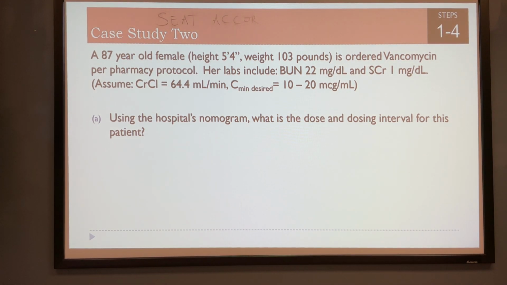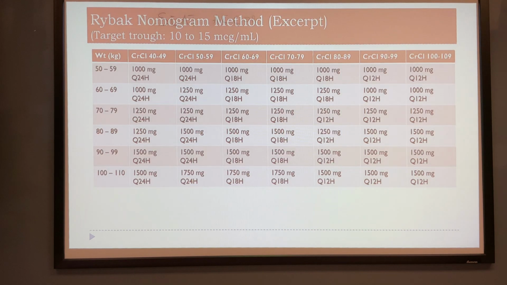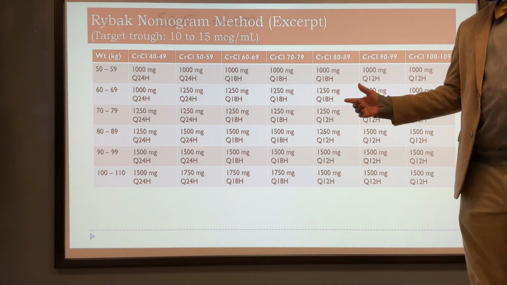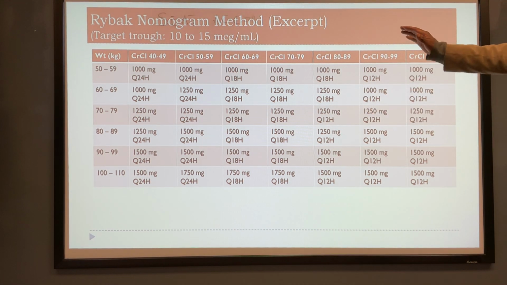So the vancomycin nomogram is the same. If we took the second case from the lab and did the same thing with it, there are two. This nomogram has changed over the years. Good thing, we've learned a lot since this nomogram was first created. And this is the most recent version of the nomogram.